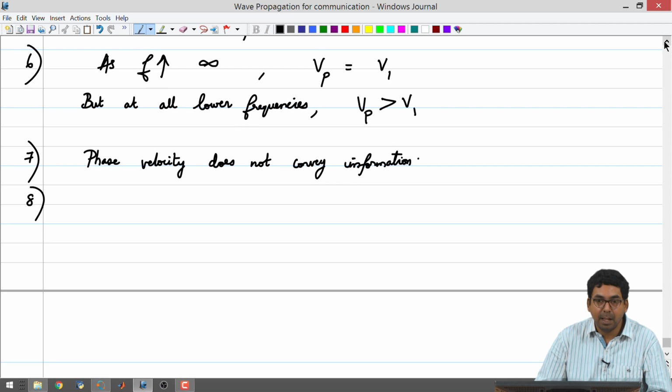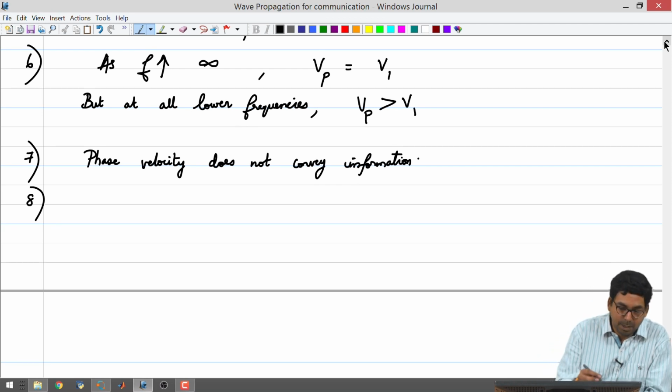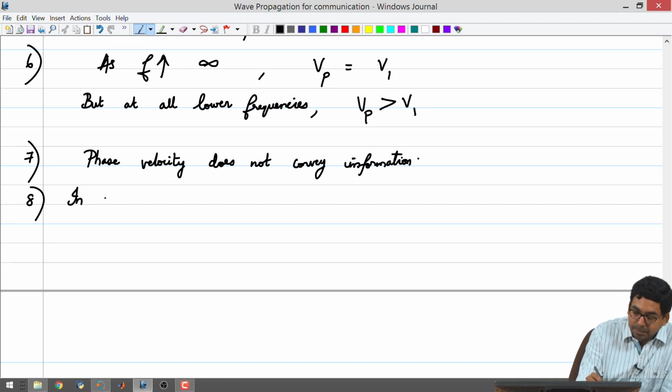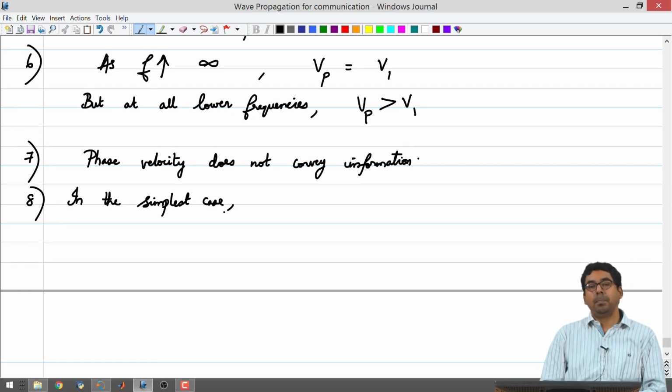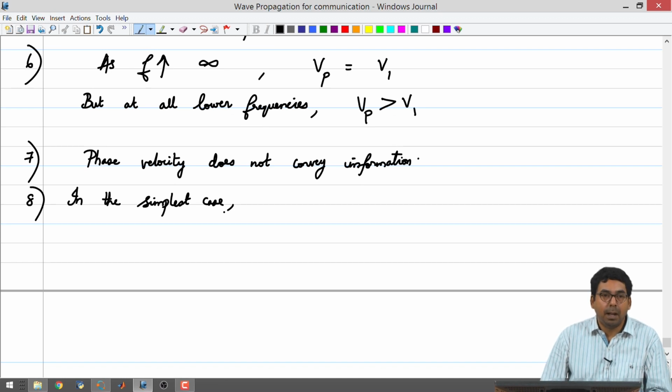And in the case of the simplest scenario, so we will take a simple scenario, right. Okay. Let us say that I want to convey an information which is of a single tone or a single frequency, all right, and I want to use amplitude modulation because that is the first modulation format that you actually learn in your undergraduate, right.